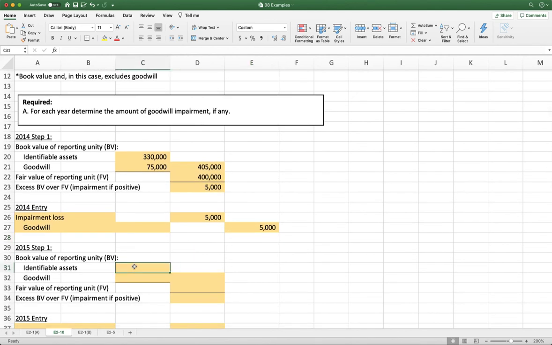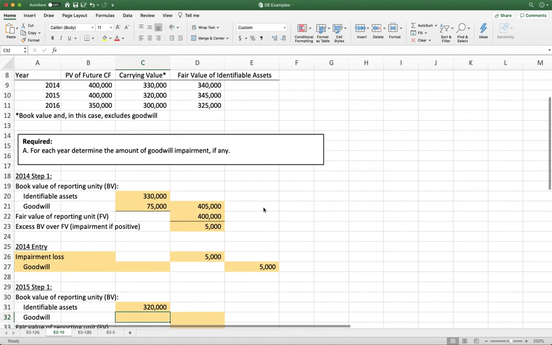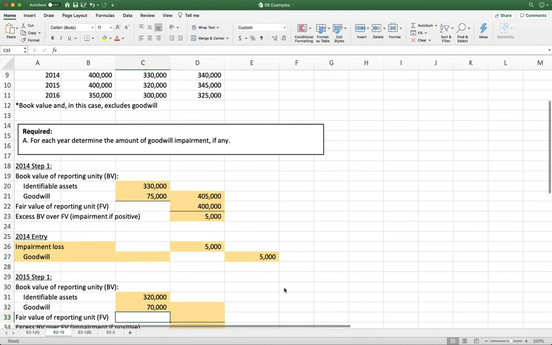All right, so now we're just going to go one more year into the future. So again, we need to figure out what our book value is. So now our book value of all of our assets and liabilities that aren't goodwill is now $320,000. And goodwill, well, it was $75,000, but we just impaired it. So we need to subtract out that $5,000 of impairment we took last year, which means the current book value of goodwill is only $70,000.